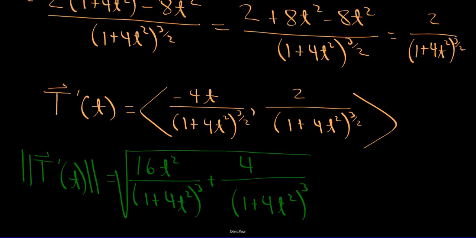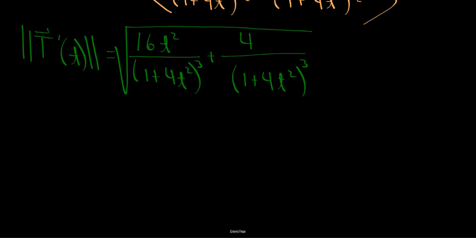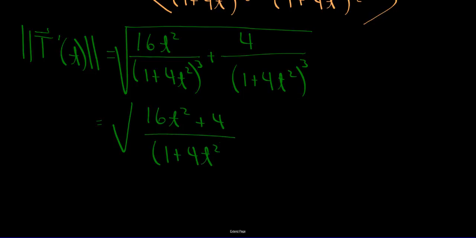Now, fortunately, we have the same denominator, so that makes it nice. So let's see if we can clean it up a little bit. I've got 16t squared plus 4 over this thing. Any questions about that?